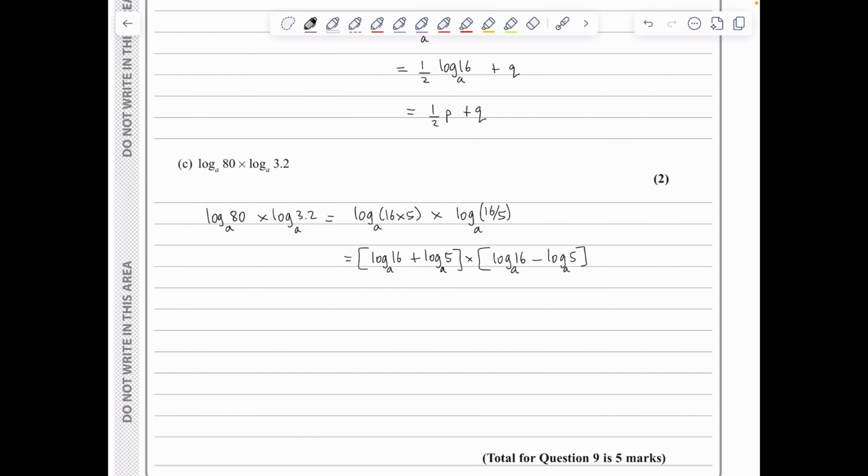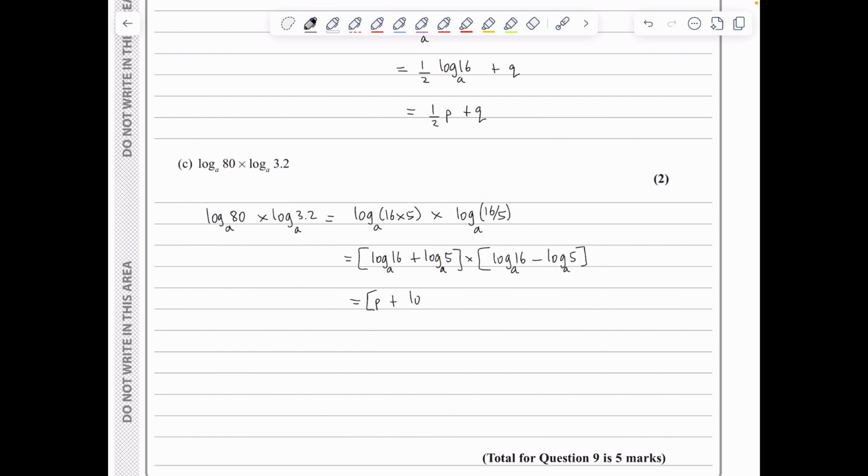Now log of 16 base A is simply P, so we've got P here, and we've got log of 5 base A. Well, I will write 5 as the square root of 25, or simply 25 to the power of a half.